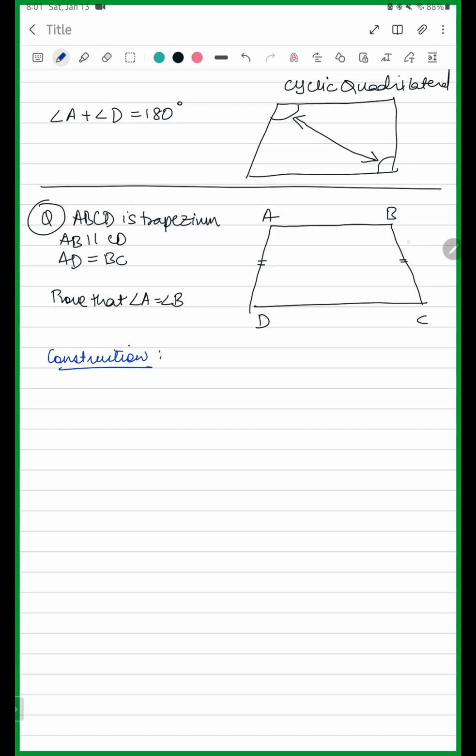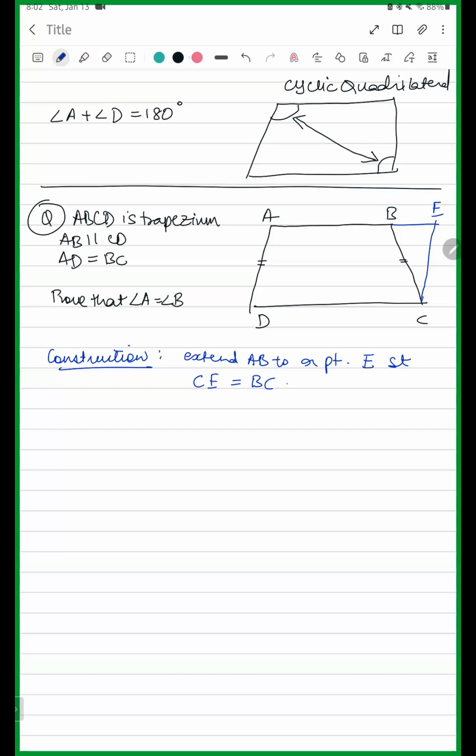Construction: extend AB to a point E such that CE is equal to BC.